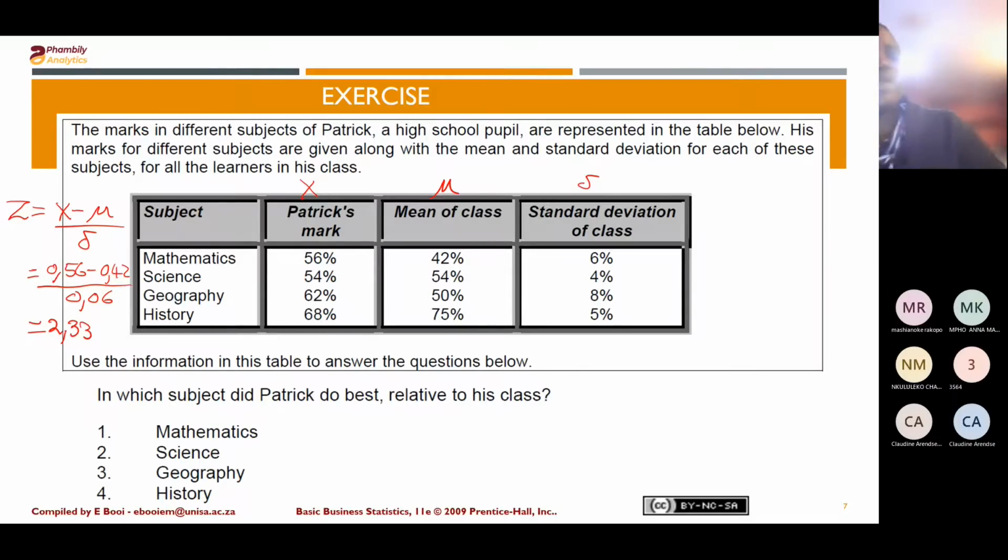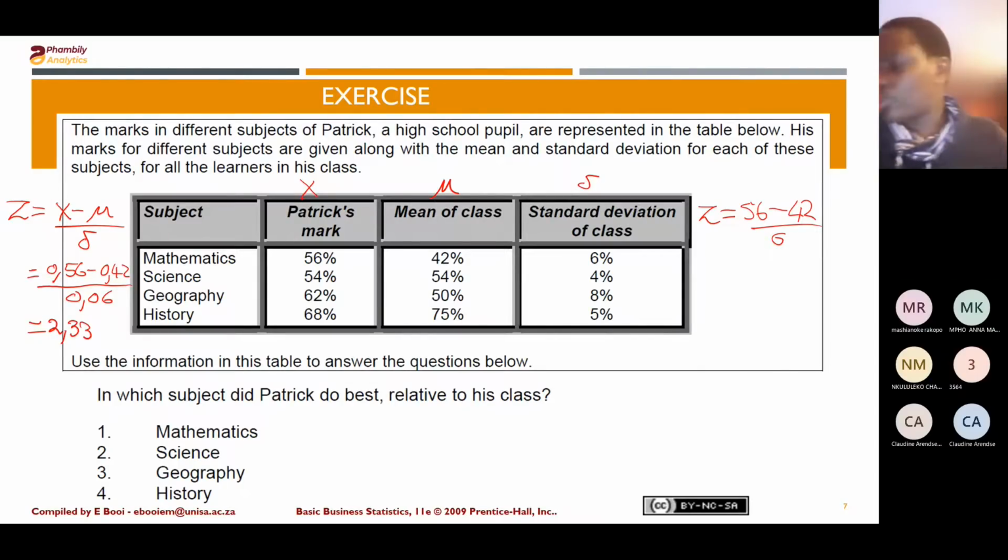2.33. That is, if we convert them to a decimal. I just want to also show you that you can still get the same answer if I don't convert the percentages into a decimal. So I'm teaching you wrong, but this will save you time because they are all in percentages. So 56 minus 42 divided by 6.